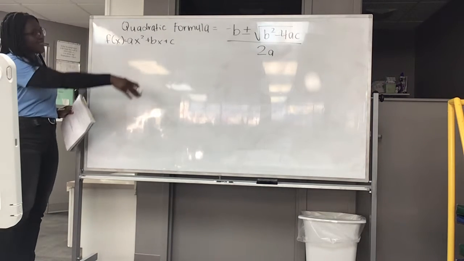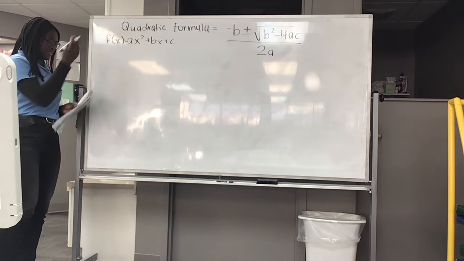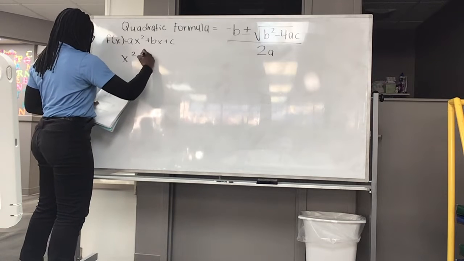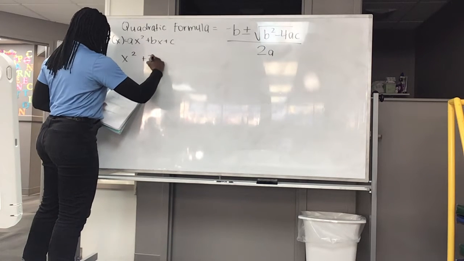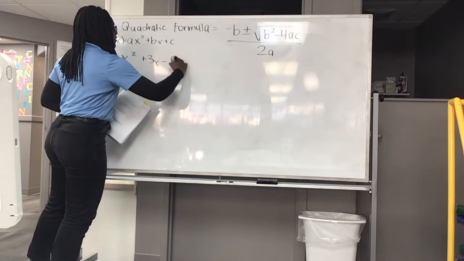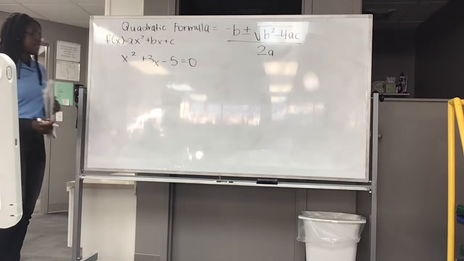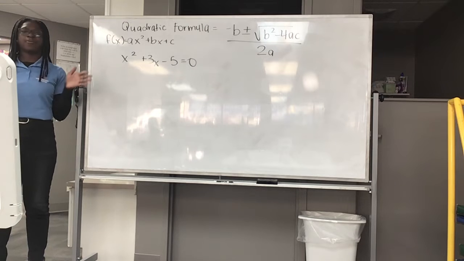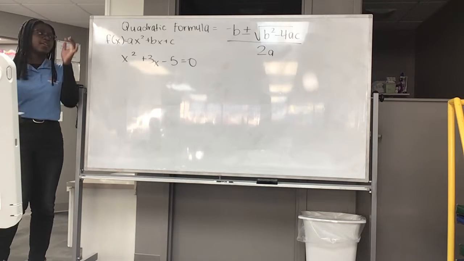So we're going to use this formula to solve one of these functions. I'll show you an example: x squared plus 3x minus 5 equals 0. Technically you could factor to solve it, but we're going to practice not factoring.